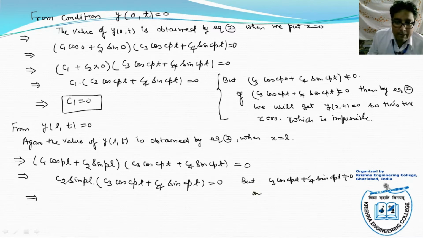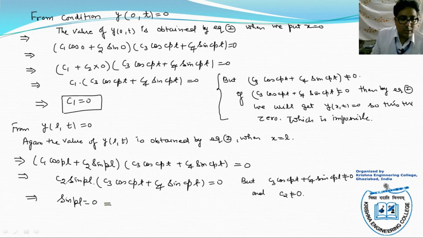And C2 will not equal 0, because if C1 is 0 and C2 is 0, then equation second becomes 0 again. So C2 will not equal 0. So there is only one possibility here: sin pl is equal to 0.